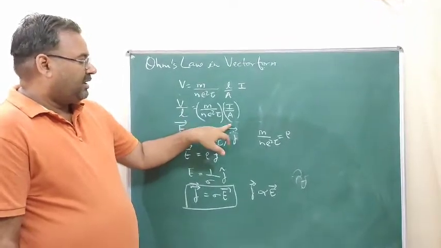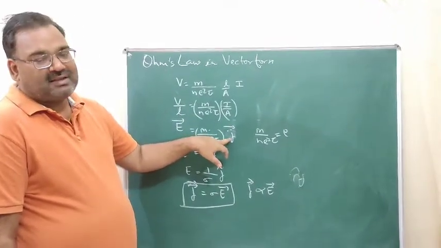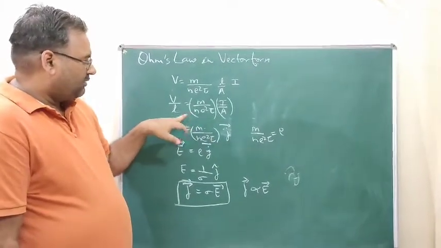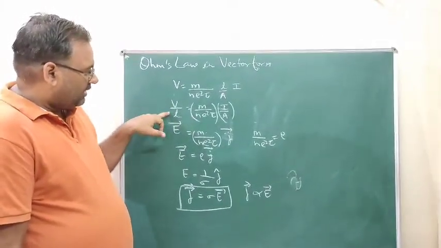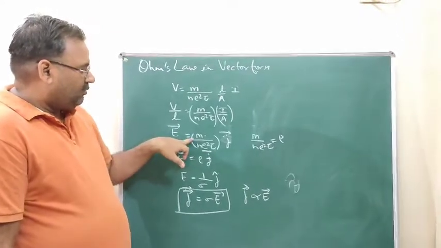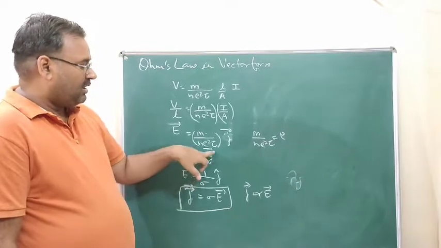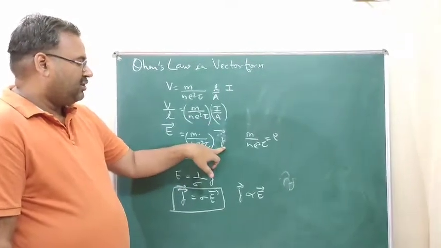And I upon A is current density, represented by the letter J. So we substitute these values. V upon L is replaced by E, m upon n e square tau is replaced by rho, and I upon A is replaced by J.